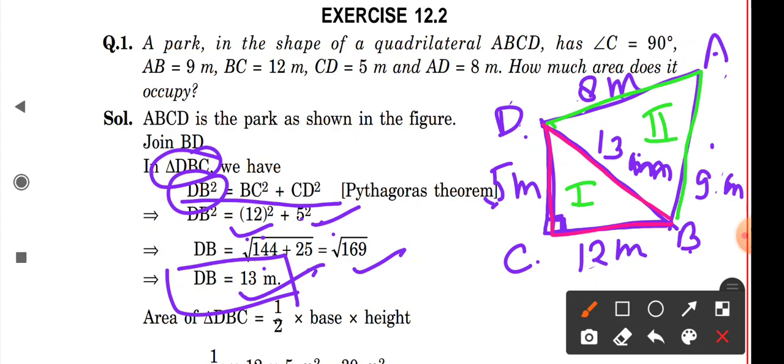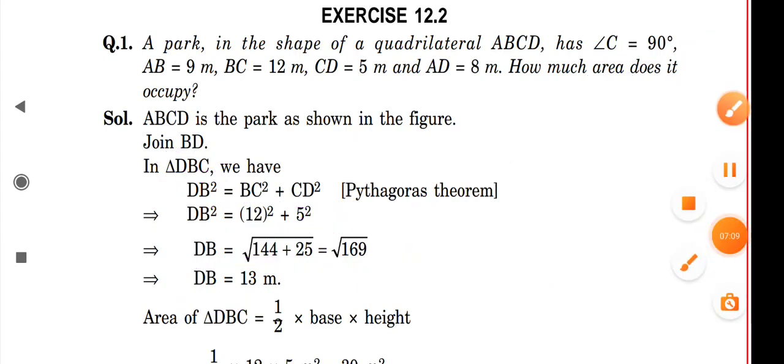For the first triangle, you can directly find out the area, because we can apply half base into height. Here you can use base as 12 and height as 5 meter. But the second triangle is not a right angle triangle, so you have to apply Heron's formula, find out the area of this triangle, and then we will add the areas of these two triangles. I will show you how.